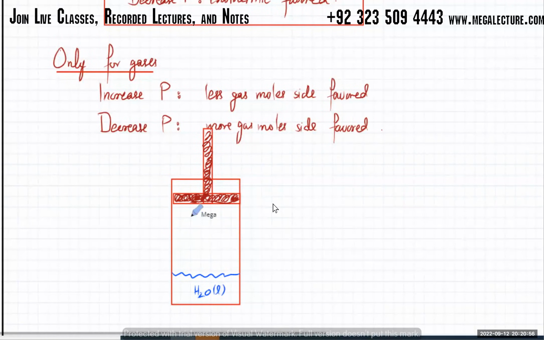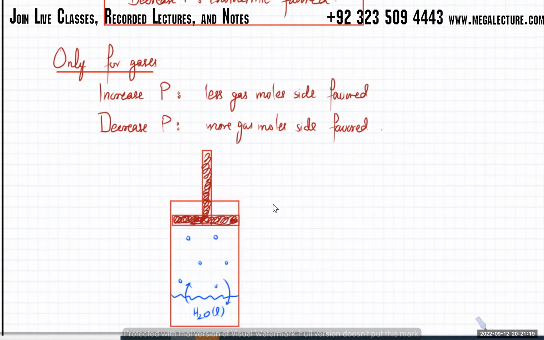The water is evaporating and producing gas molecules, and at the same time, the water vapors are also condensing back again. Okay? So you've got the exact same equilibrium taking place.